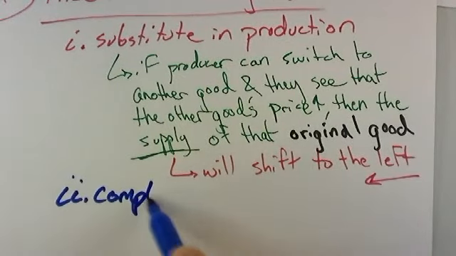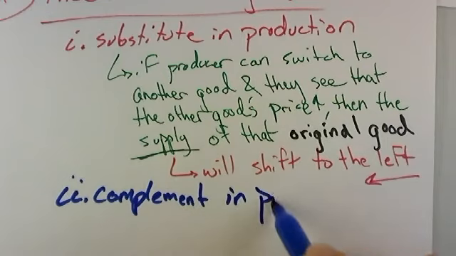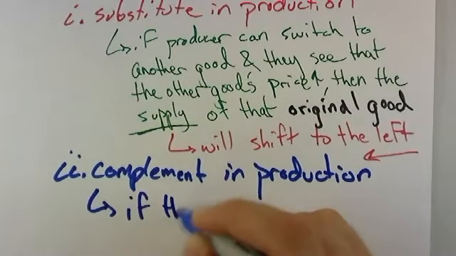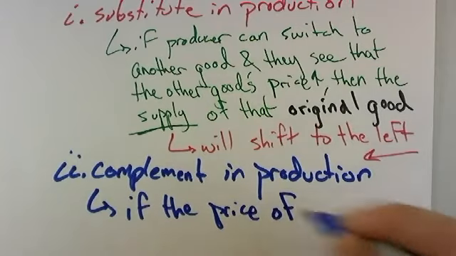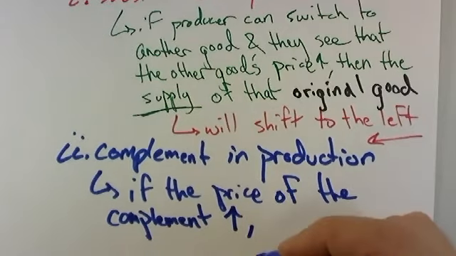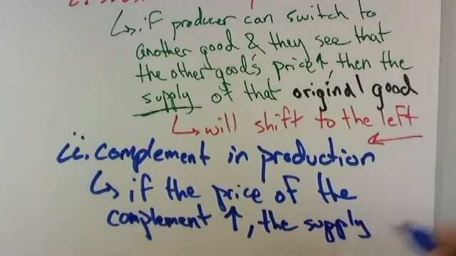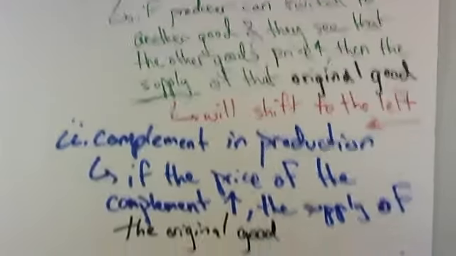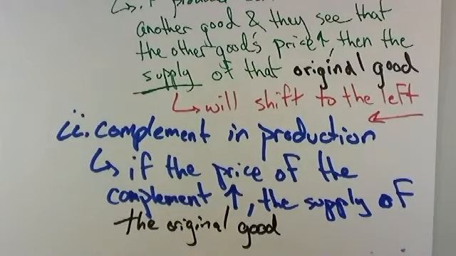Complement in production means essentially that if the price of the complement, the thing that we need in order to produce the good, increases, the supply of that original good is going to go ahead and shift to the left.